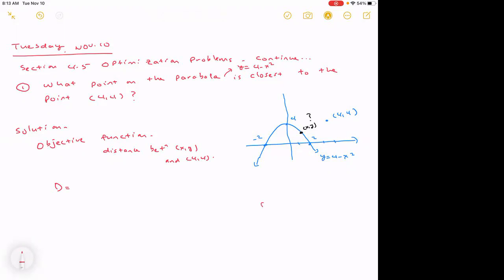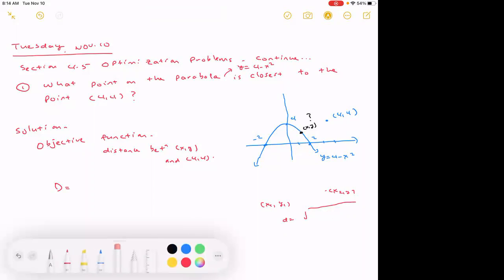Remember that if you have 2 points x1, y1 and x2, y2, how do you find the distance? Let's put x1 first: x2 minus x1 squared plus y2 minus y1 squared. There's the distance.